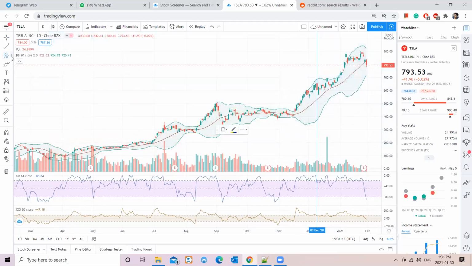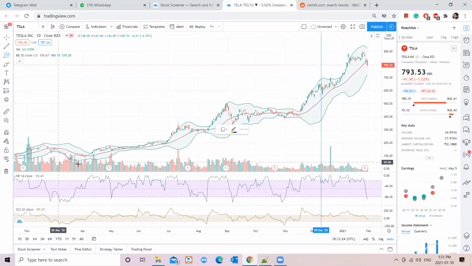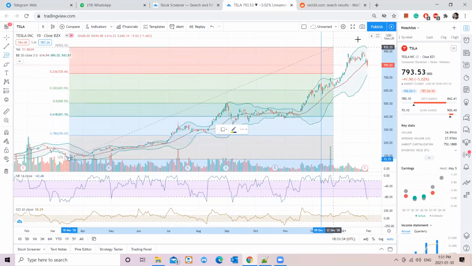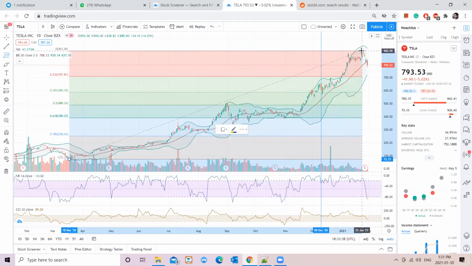So we go over here, take the Fib Retracement, and on this Tesla chart of 1 year duration, I see that this candle is the day when it was at its lowest price in this 1 year chart, and from here I expand this Fib retracement to touch the candle when it was at its highest price.